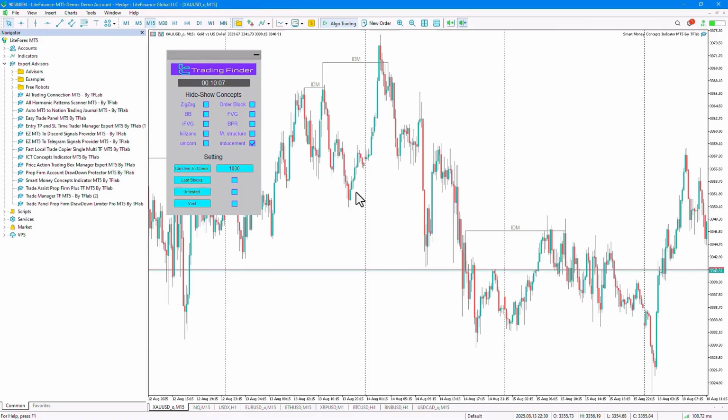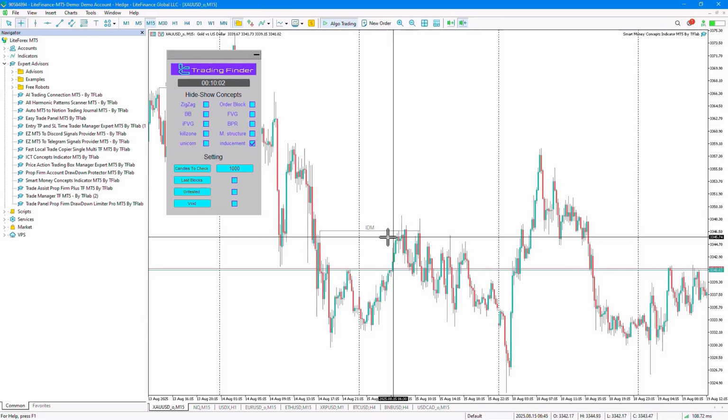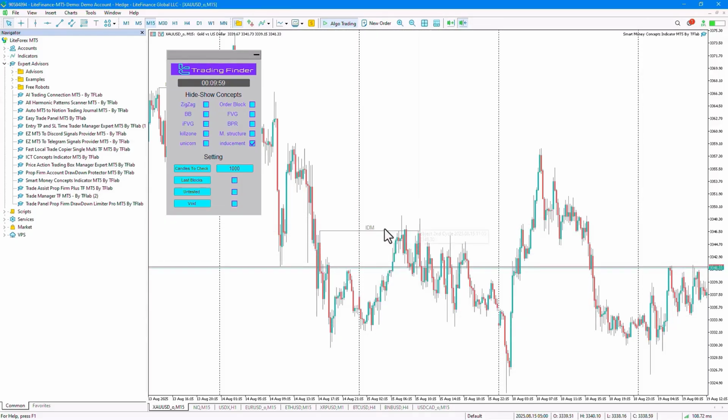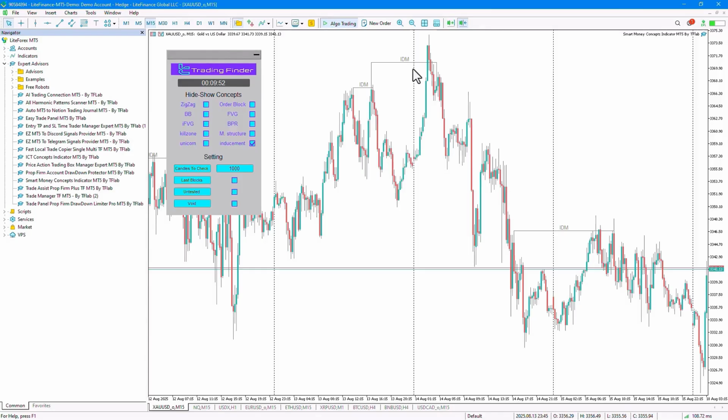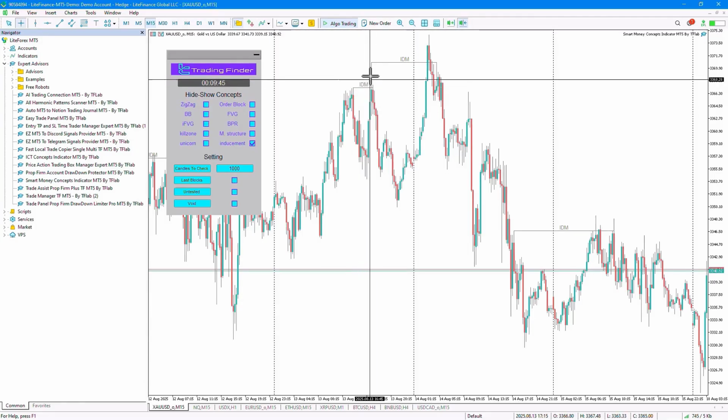For example, at this point, we see that a level has been identified and the price has moved upward. It has collected liquidity and orders in these areas and then made its move downward. In another section, the price also moved upward, but after pulling back to the identified level, it failed to break through and only collected liquidity and stop orders here before starting to drop.